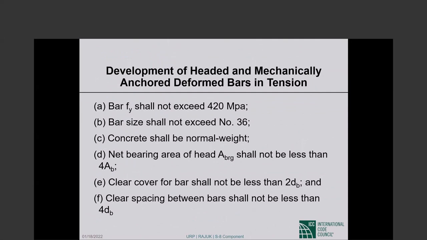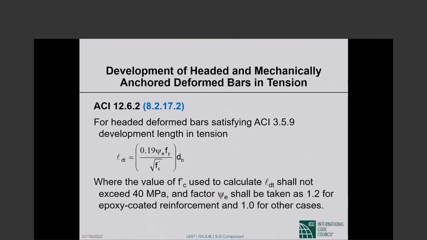Clear cover for bar shall not be less than 2 bar diameters, and clear spacing between bars shall not be less than 4 bar diameters. Okay, that has been relaxed in subsequent editions, but we are on ACI 318-08, so I don't want to take you into the future.